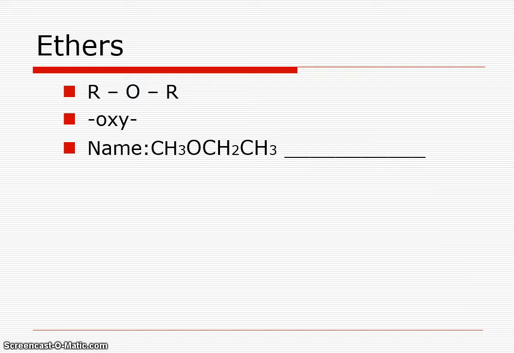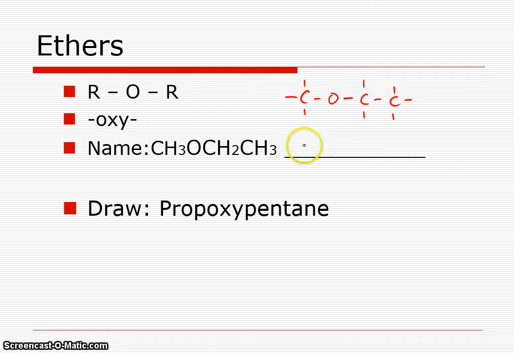And so if we need to go ahead and name this group, the easiest thing to do is to draw it. So I have CH3, I have that O, and then I have CH2, and then CH3. I'm going to look at this and I'm going to say, okay, my one carbon is meth, and so I'm going to call it meth.